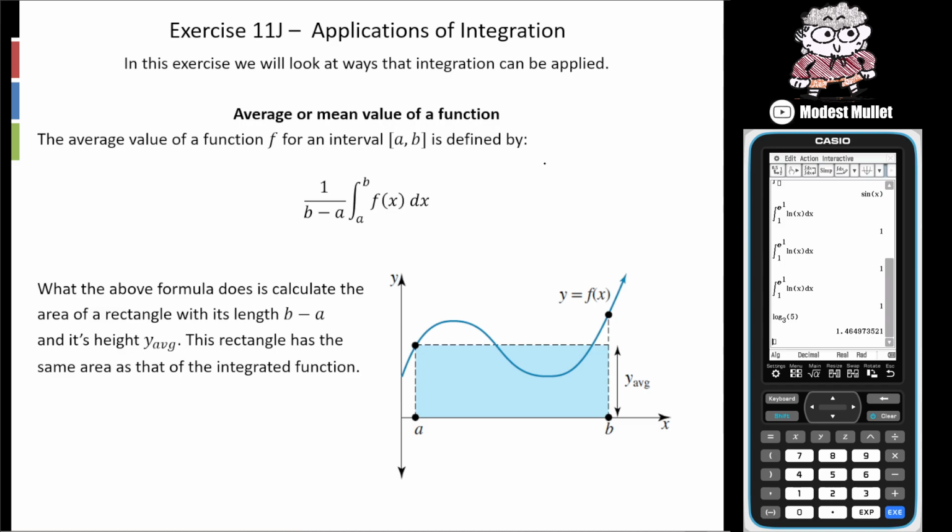So the first thing that we can find from integration is an average value of a function. This is the formula here that gives us our average value. The way you can think of it is that when we integrate, we're finding the area under the curve, and you could think of it as summing every single value.